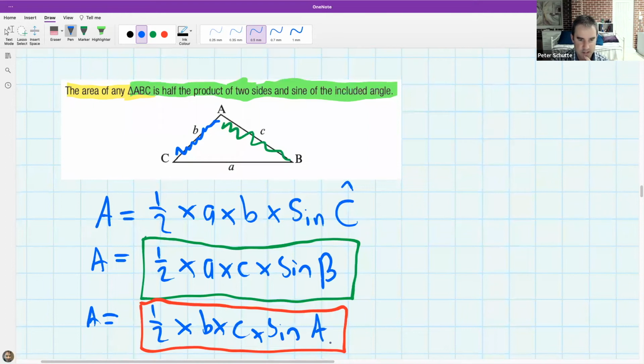It's just going to be A. And so whenever we use the area rule, it doesn't matter which two sides we've got, the angle we've got needs to be the angle between the two sides. If the angle is outside, then sometimes we need to work out what the angle is between those two sides. But the moment we have two sides and the included angle, we are good to go.